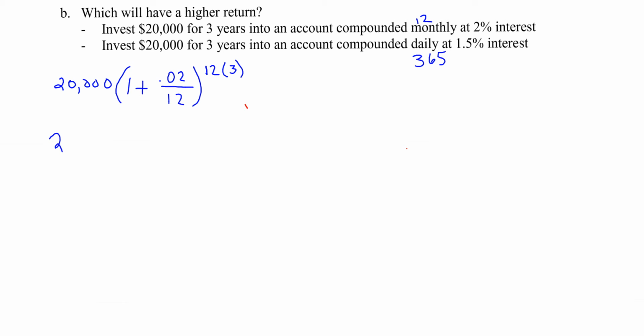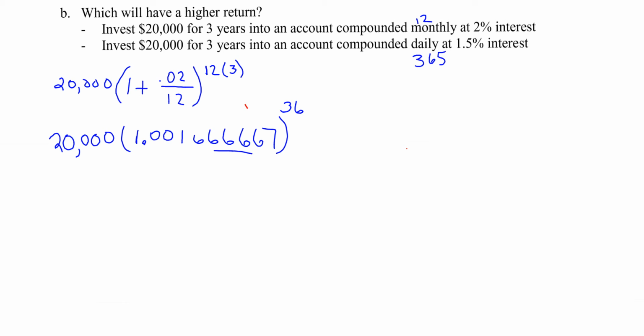So when we do the math on the inside, we'll get 20,000 times 1.001666667. Again, my calculator just rounded it. It was 0.6 repeating, or the 6 was repeating. And then 12 times 3 is 36.